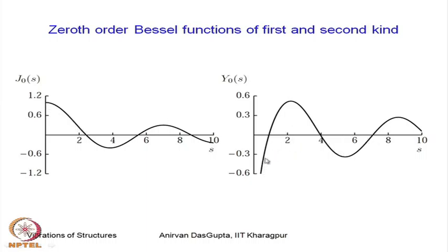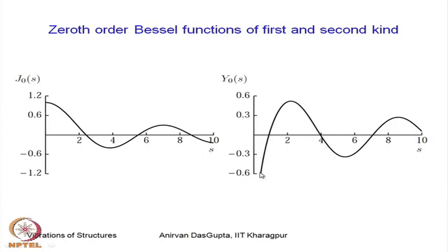For integral values of the order, the Bessel function of the second kind has a logarithmic singularity at argument equal to 0. This is known from the theory of Bessel functions.